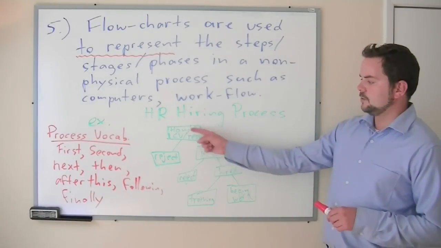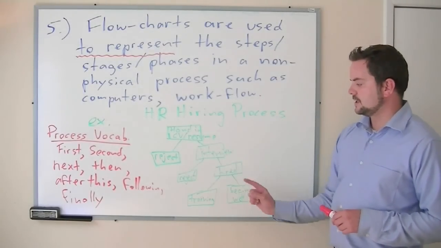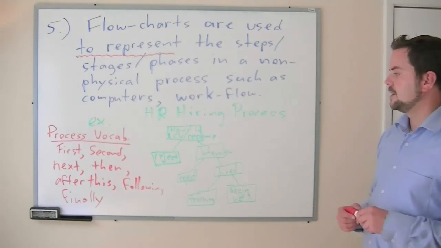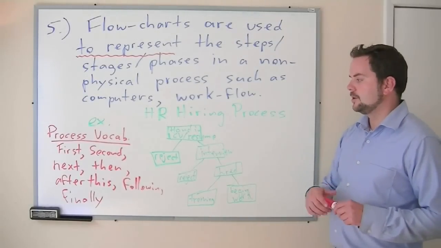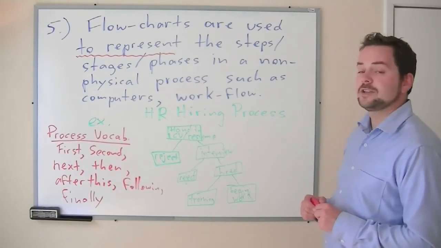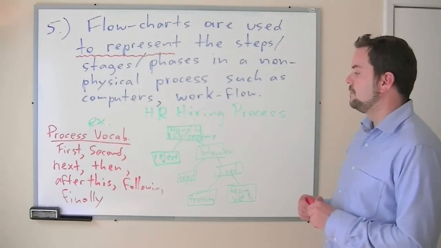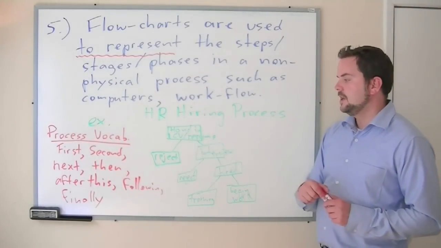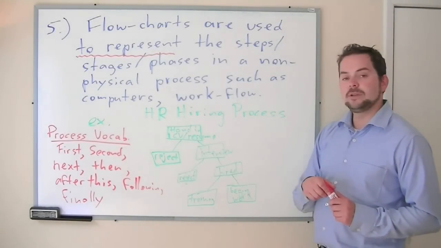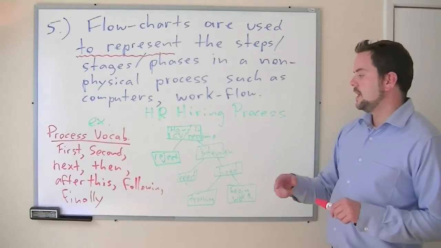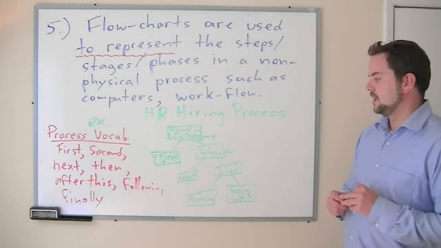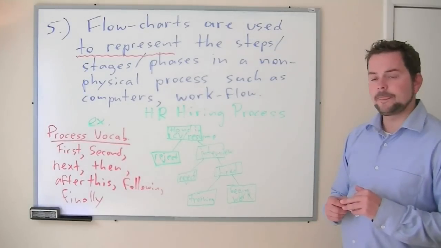It contains 1, 2, 3, 4, 5, 6, 7 different stages. In the first stage, the applicant is required to hand in their CV or resume. Once the company has reviewed the CV, they may reject the applicant, or if the applicant is favorable, they will call the applicant in for an interview.